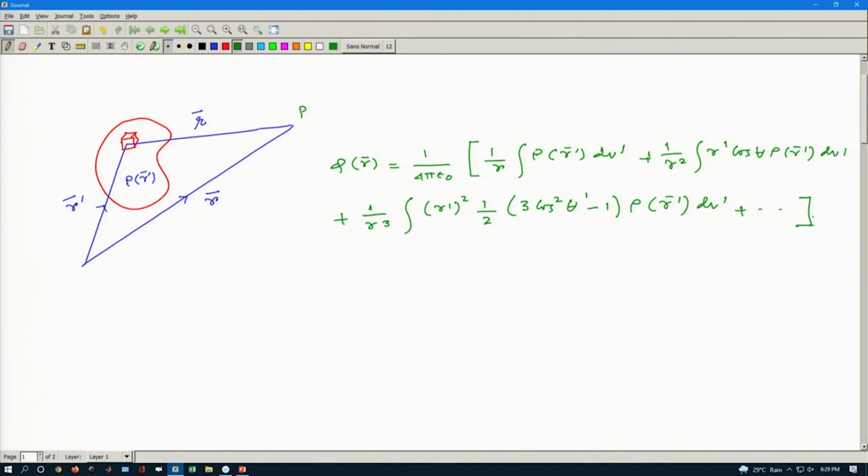I have already discussed the first two cases. If I write the potential at R, the first term is the contribution of the monopole, the second term is the contribution of the dipole, and the third term should be the contribution of the quadrupole.